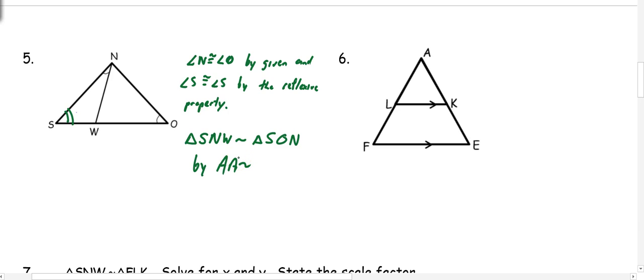Number 6. So in number 6, we have two triangles, and we know that angle A is congruent to itself because it's an angle shared in the little and the big triangle. We also see that LK and FE are parallel, so we know that L and F are congruent because those are corresponding angles. So in this case, we would say that A is congruent to A by the reflexive property.